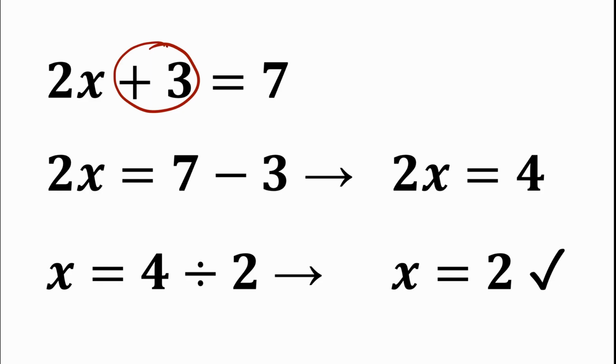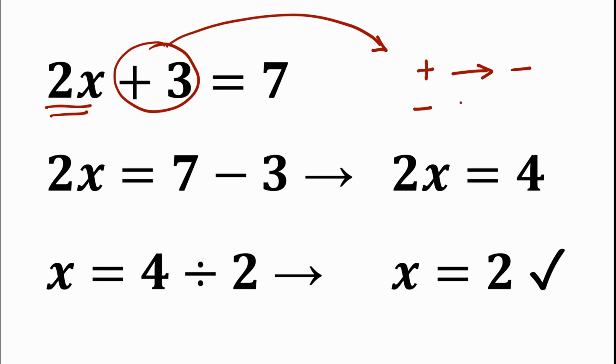When the plus 3 moves to the right hand side, what is remaining? Just 2x. So you have to write down that 2x over here. So 2x is remaining on the left hand side of your equation, and the plus 3 is moving to the right hand side.